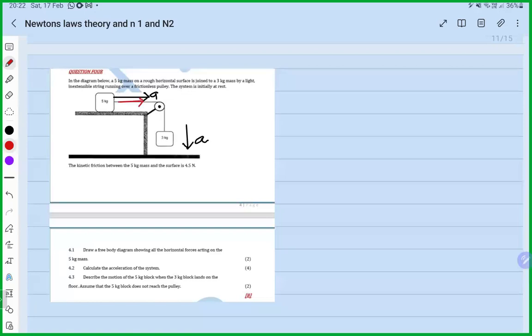When you have this new device here, where your rope runs over a pulley, you still have the same tension in the rope. The difference now is that the tensions are going to have completely different directions.